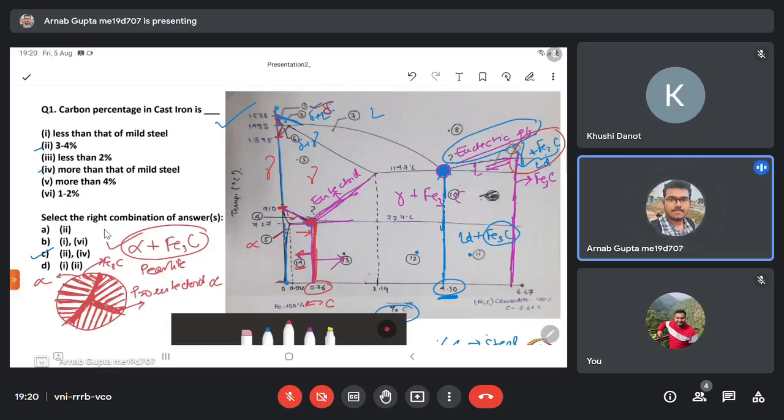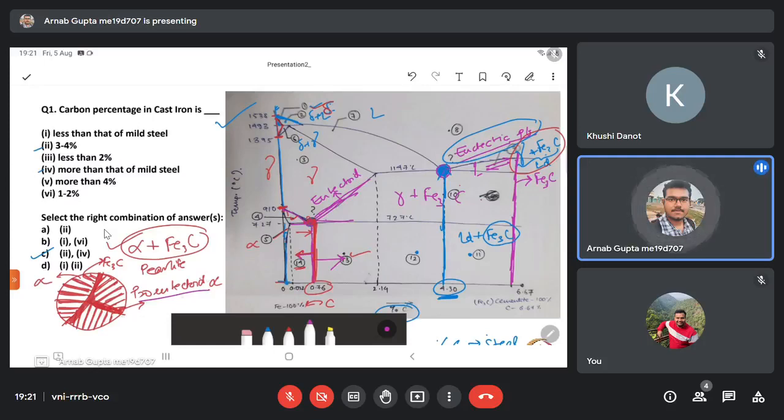Similarly, if we go towards point number 13, then inside the grain, it will be perlite. What will be the phase that will be occupying the grain boundary? It is nothing but pro-eutectoid cementite, right?